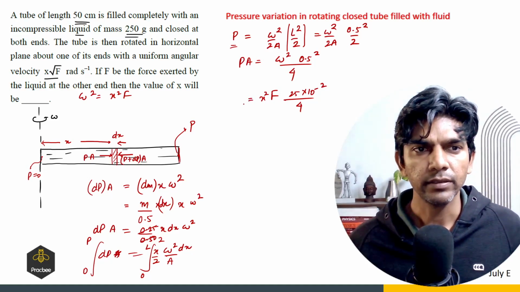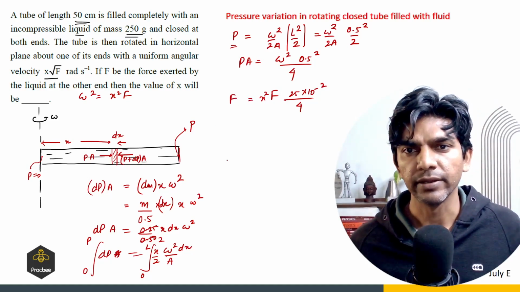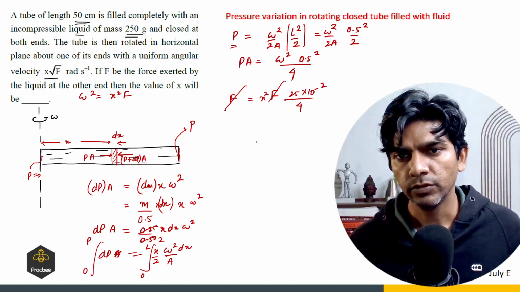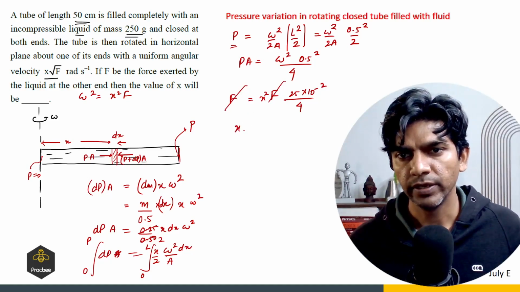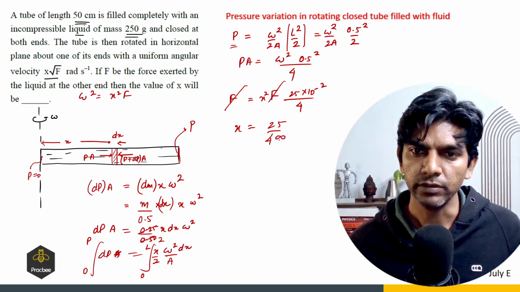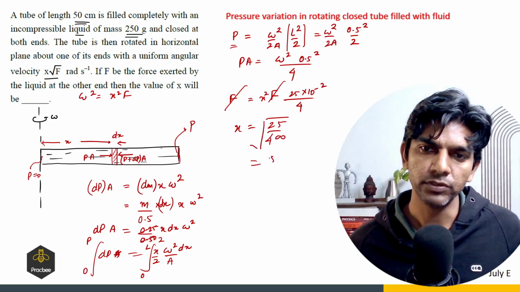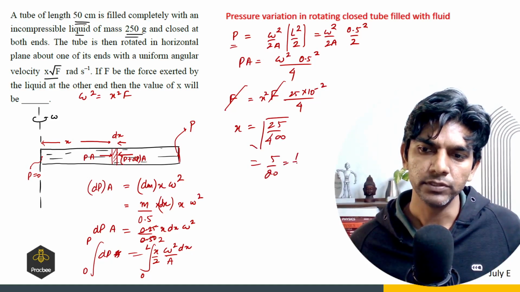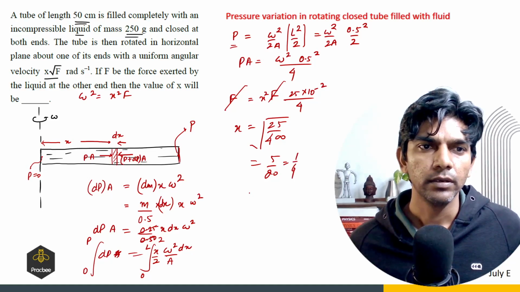So this is the force F. So F will get cancelled out, and from this we have to find x. So x will be root of 25 by 400, which is 5 by 20, which is 1 by 4.